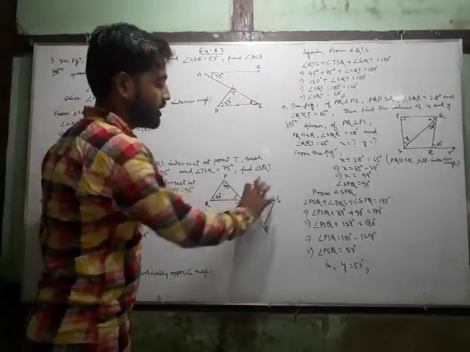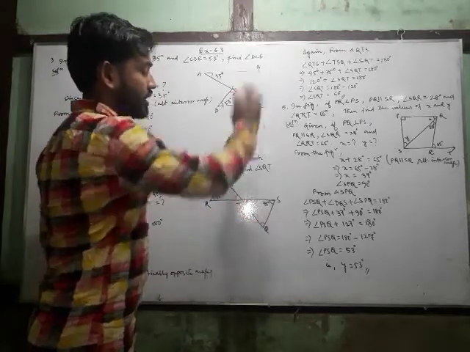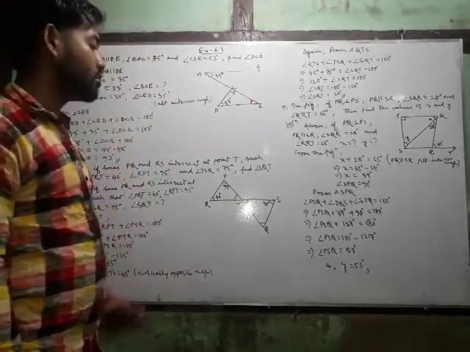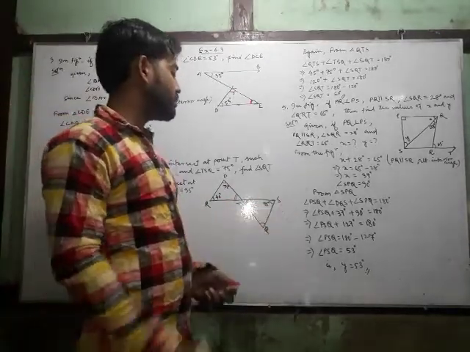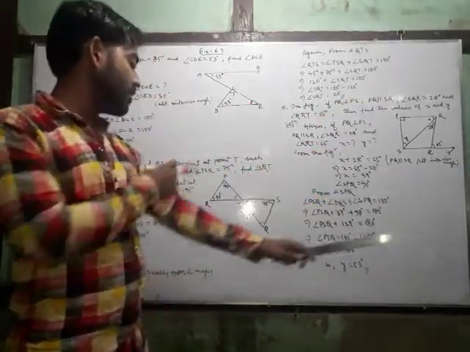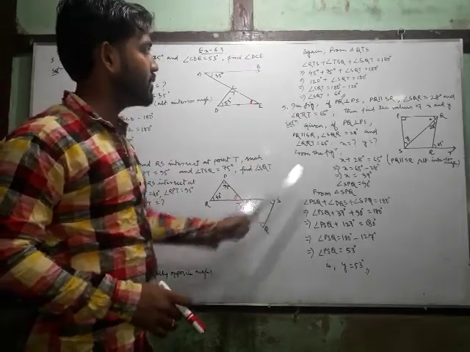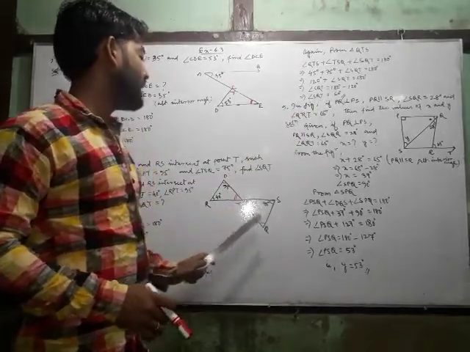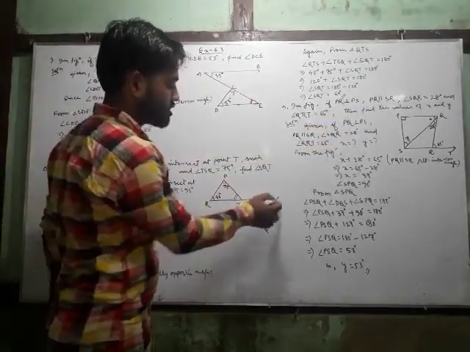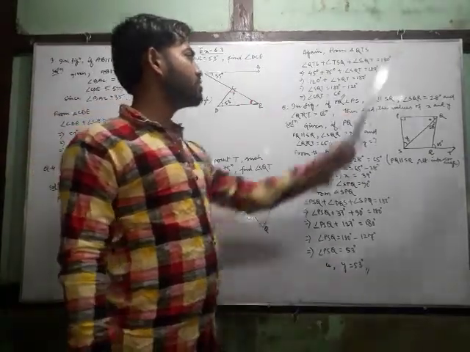Now if we take this particular triangle, the name of the triangle is QTS. You can also call it STQ. So from triangle QTS, the sum of three angles, again we have used the angle sum property, is 180 degrees. Now QTS plus TSQ plus SQT, the sum of three angles is 180 degrees.